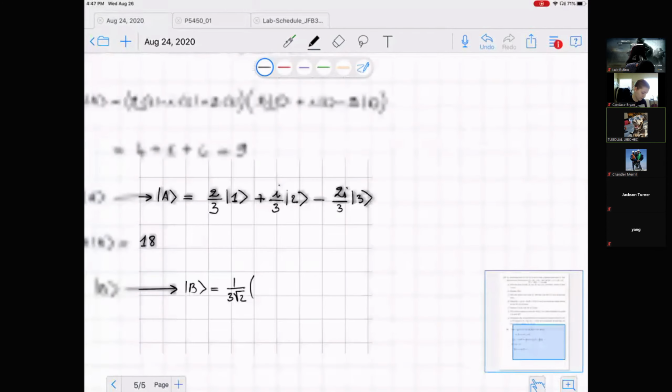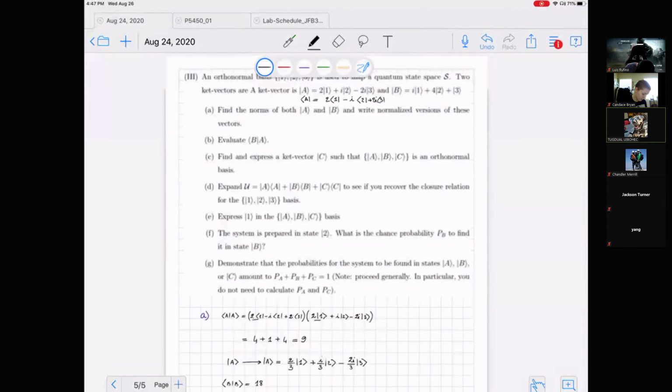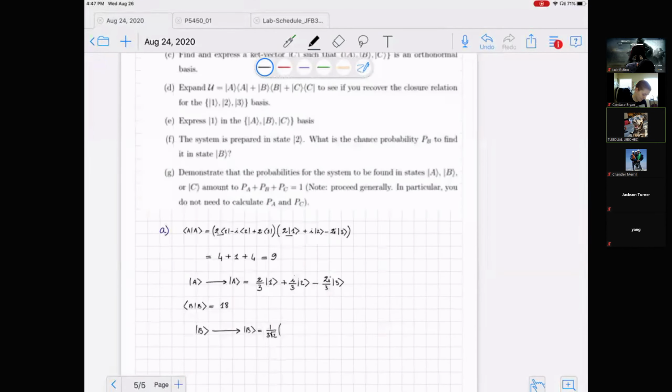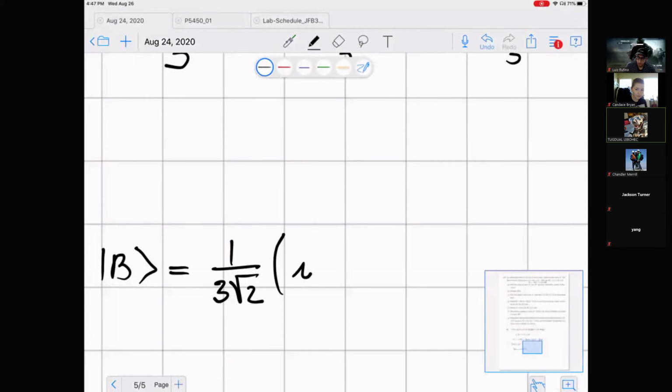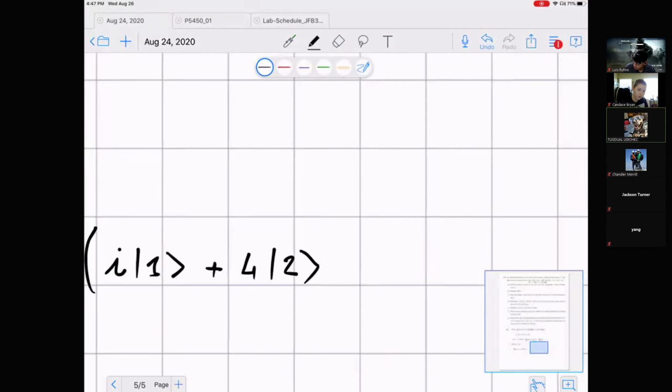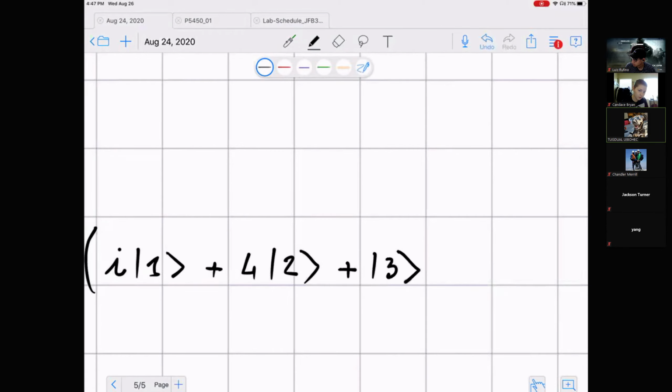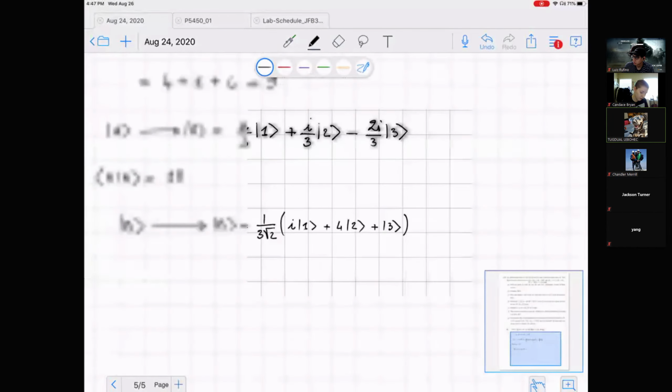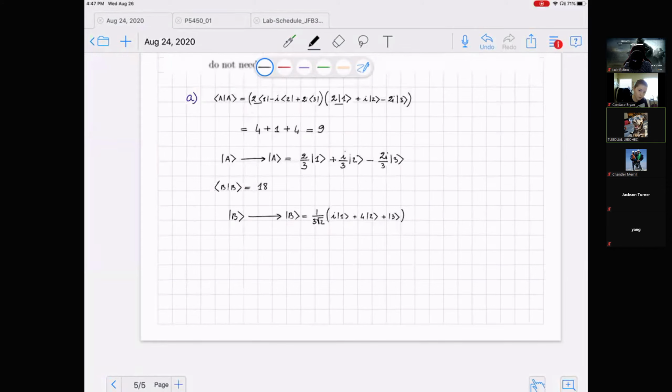Multiplied by, okay, what do we have? i, 4, and 1. So i times 1 plus 4 times 2 plus 3. So this is the normalized version of B. Okay?